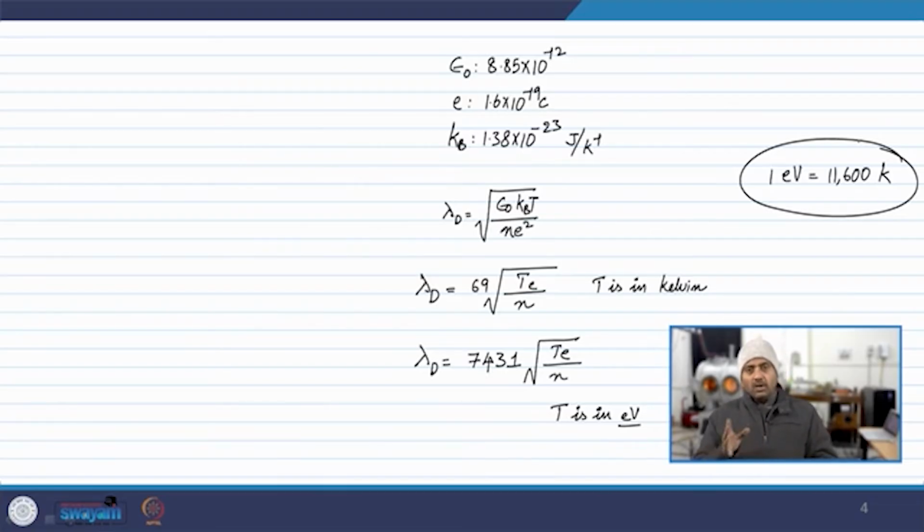And one more condition that we have imposed: if the plasma has to shield out the external positive charge, it has to happen in such a way that this positive charge's effect or influence cannot be felt outside lambda.